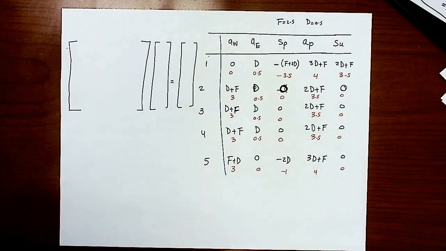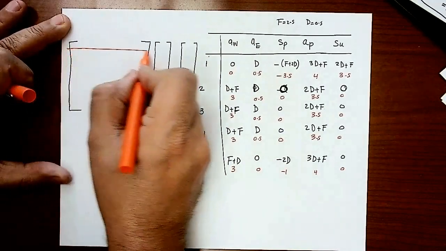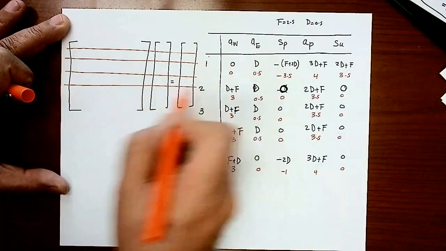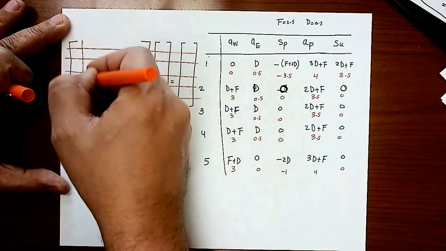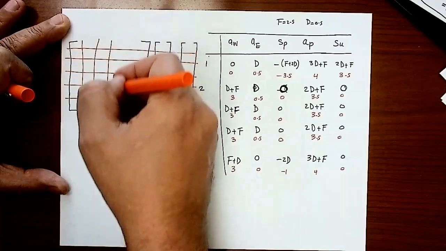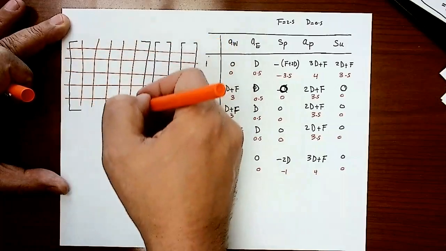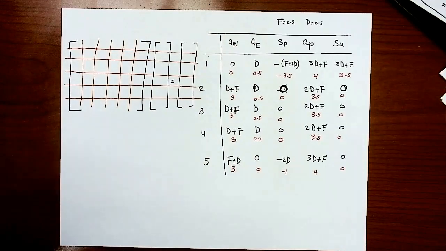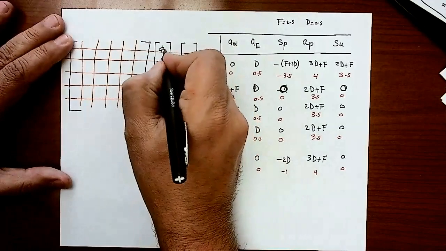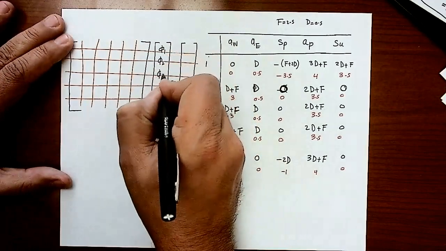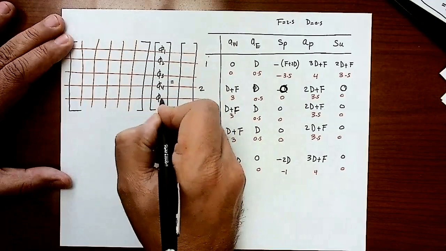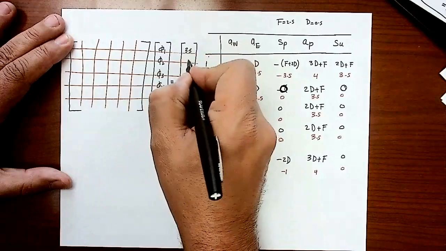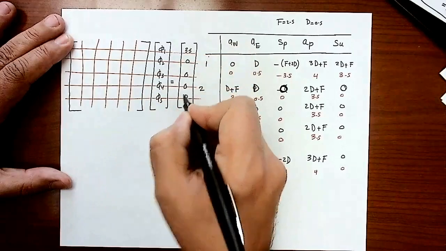So I have 1, 2, 3, 4, 5 and 1, 2, 3, 4, and 5. Here I'm going to have phi 1, phi 2, phi 3, phi 4, and phi 5. And here I'm going to have the SU coefficient. So I'm going to have 3.5, 0, 0, 0, and 0.